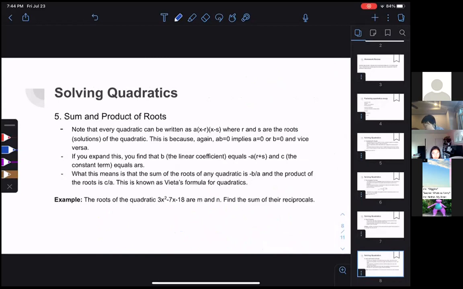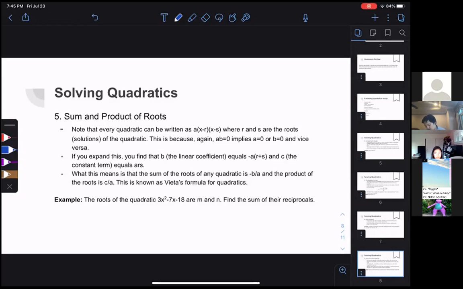The a and b here are the two linear factors, x minus r and x minus s. If you expand this, you find the linear coefficient is negative a times r plus s, and the constant term equals a times r times s. What this means is that the sum of the roots of any quadratic is negative b divided by a, solving for r plus s, and the product of the roots, rs, is c over a. This is known as Vieta's formulas for quadratics.